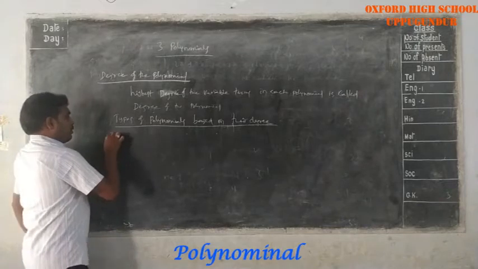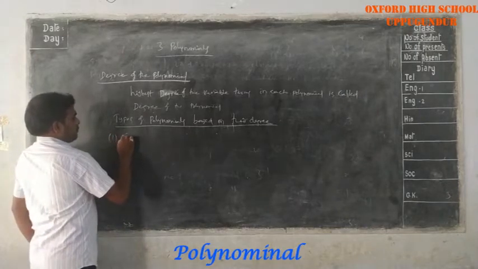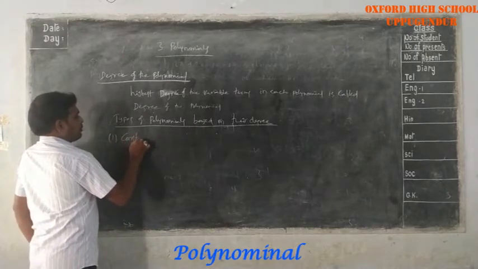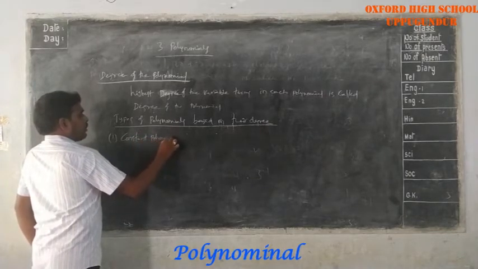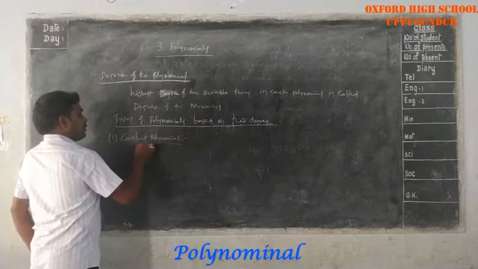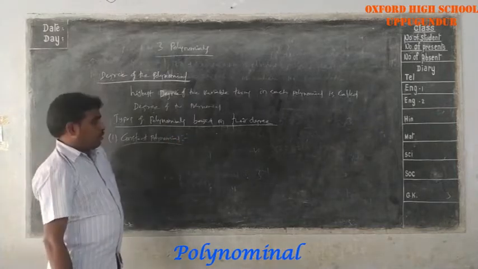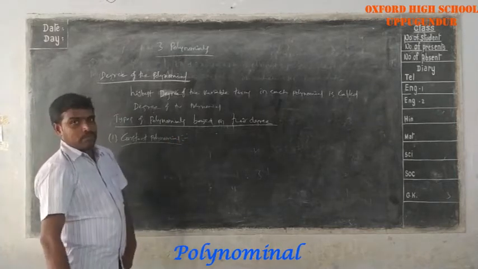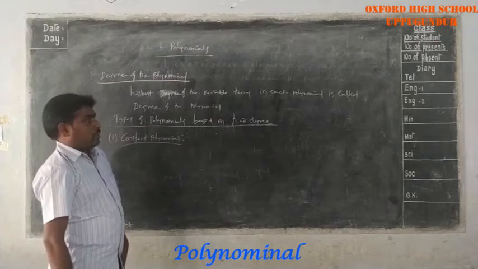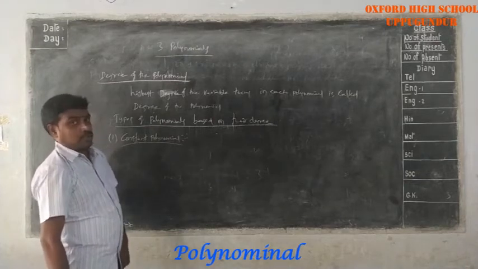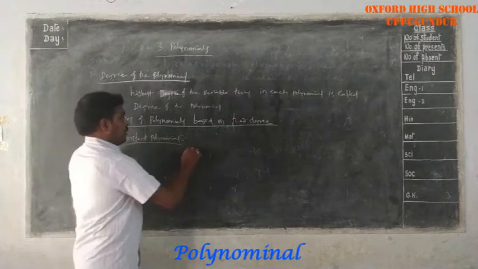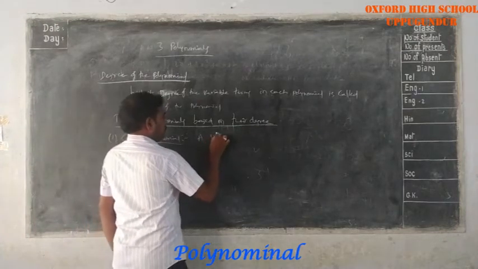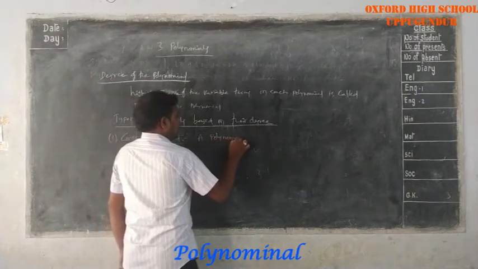First one is the constant polynomial. Constant polynomial is nothing but numbers except 0. Why except 0, I will tell you afterwards, because if you are getting 0 we call that the zero polynomial.